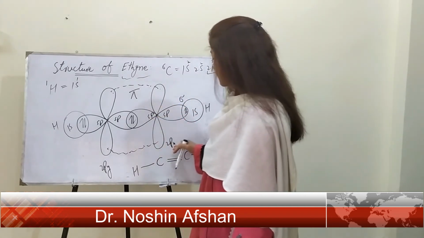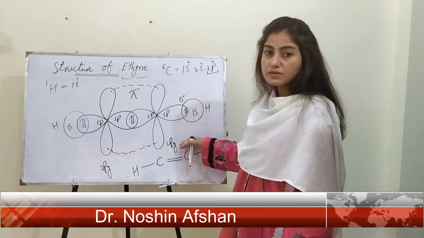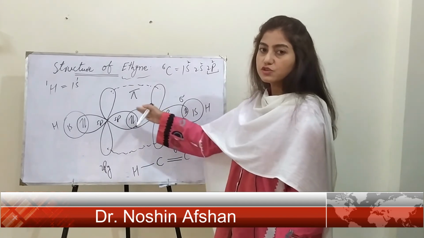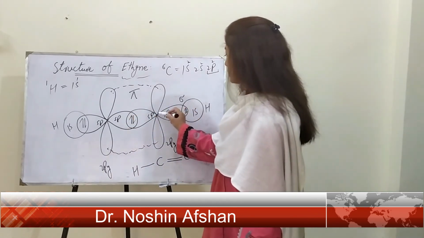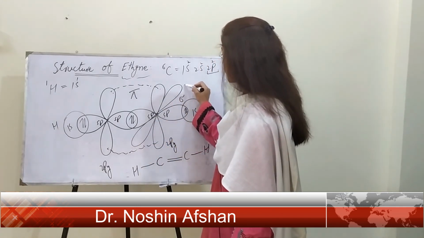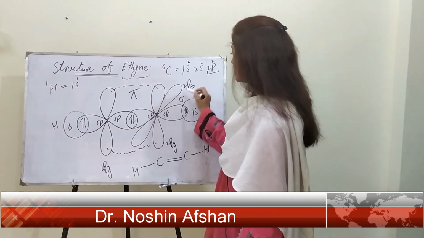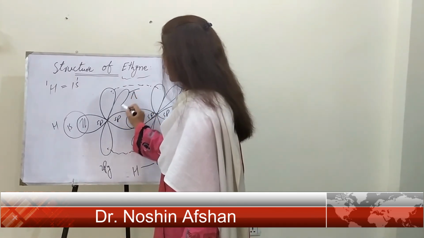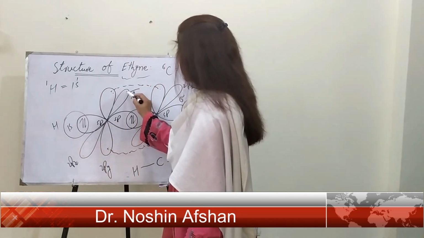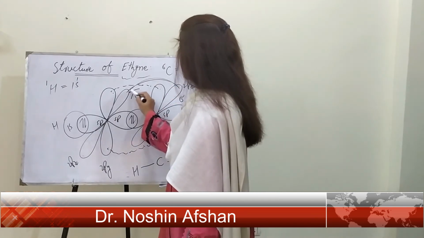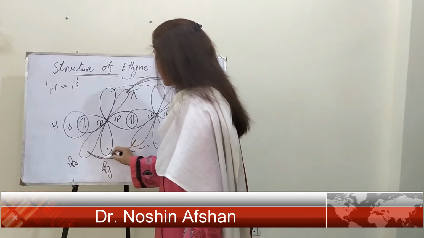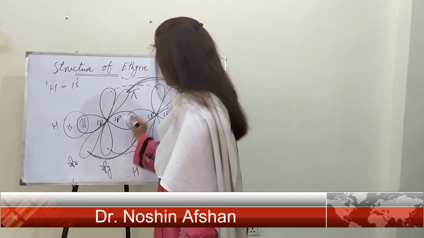Now let's see, this is the 2py orbital, and there was another unhybridized 2pz orbital with each of these two carbon atoms. So we draw that 2pz orbital in this plane. Here this is the 2pz orbital, and here it is also the 2pz orbital, and these 2pz orbitals would also interact with each other to form another pi bond.